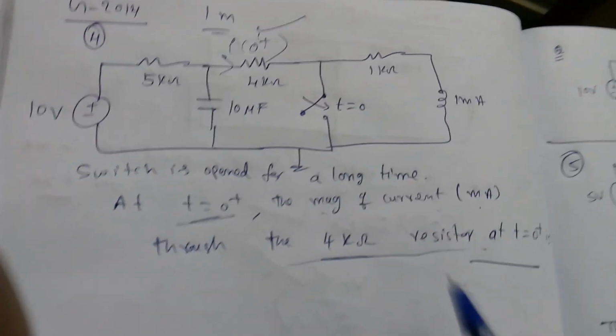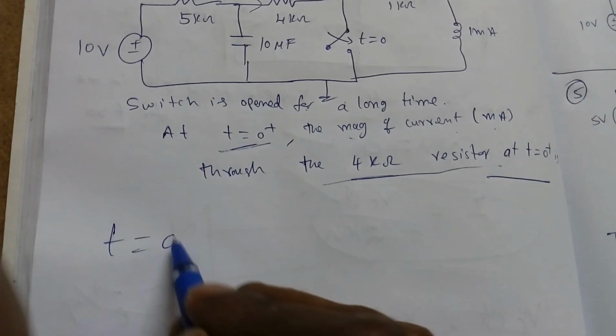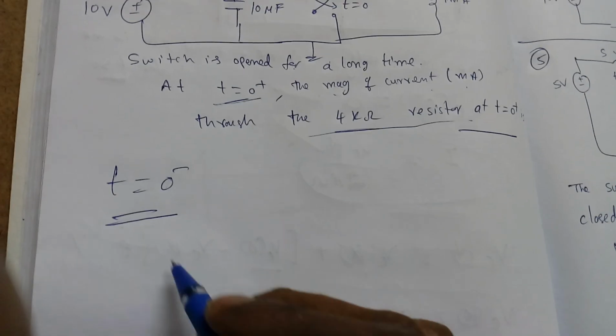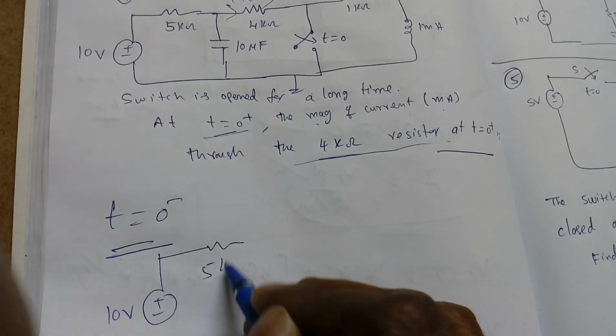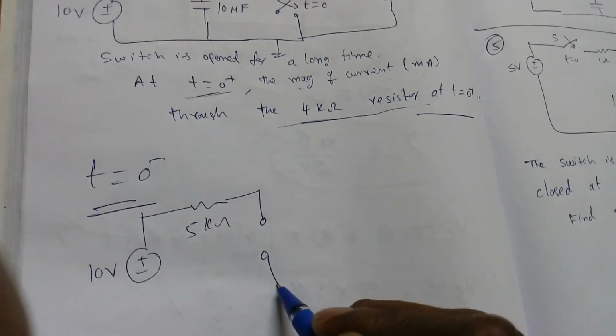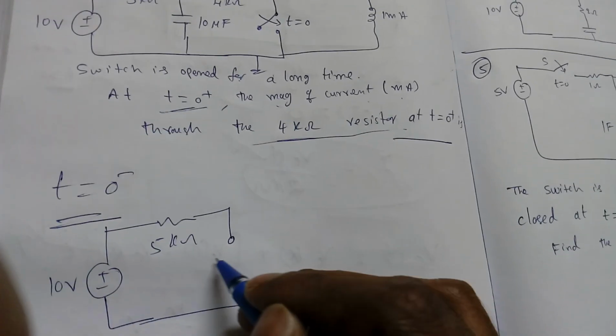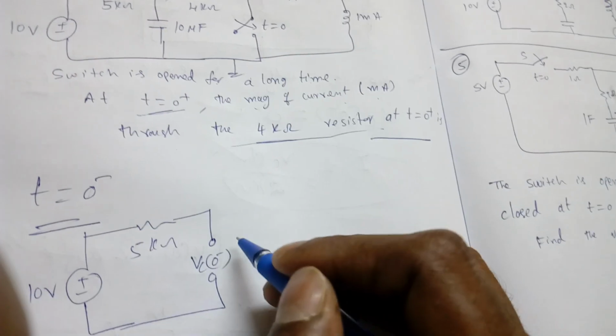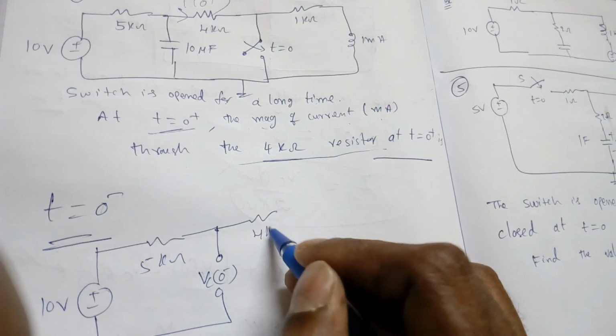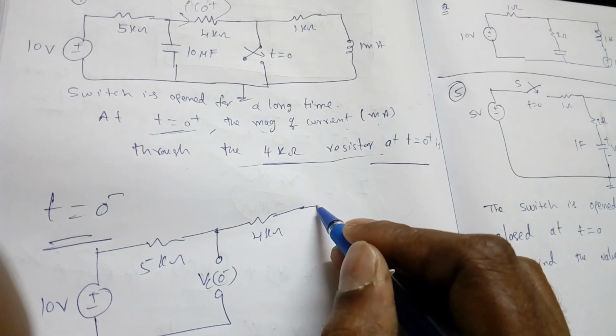Now first we have to find at t equal to 0 minus what is the circuit condition. So there is a 10 volt source and a 5 kilo ohm resistor, and whenever there is a capacitor, t equal to 0 minus means it has reached steady state, so Vc of 0 minus, and the switch is open, so it will have the 4 kilo ohm.